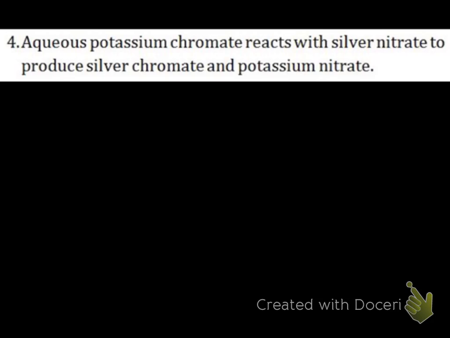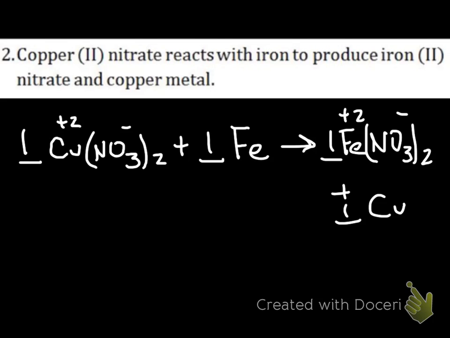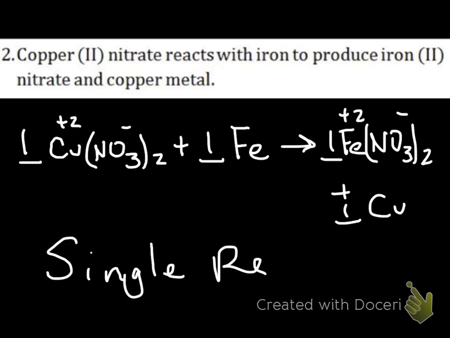Number 4, let me go back. Number 2 is a single replacement. This is the one where we put the nail in the blue solution. What happens is the blue solution contains copper, and that copper is going to react with the iron in the nail, and the copper from the solution will be deposited on the nail, okay?